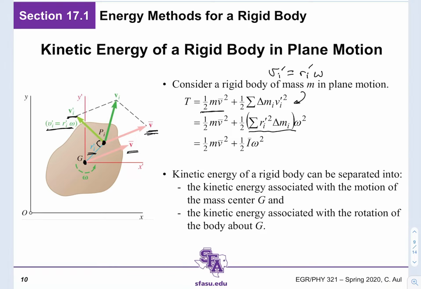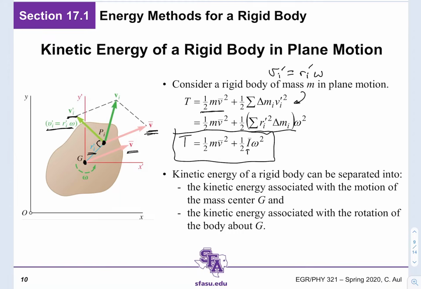If I put that into my relationship here, what I'm left with is a summation, and we put the parentheses here to represent this r squared mi, because that represents the mass moment of inertia.